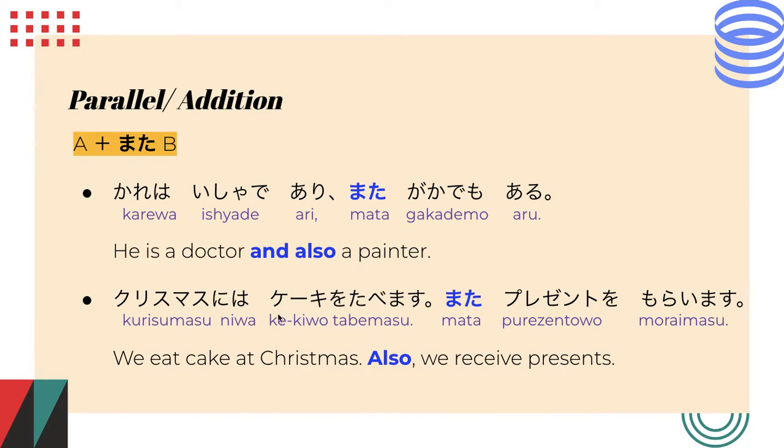It says ケーキを食べます and プレゼントをもらいます, meaning you could tell that the sentence is parallel by using また because of the exact same sentence structure.